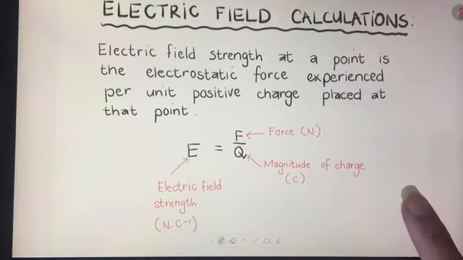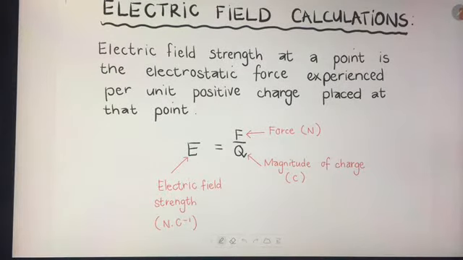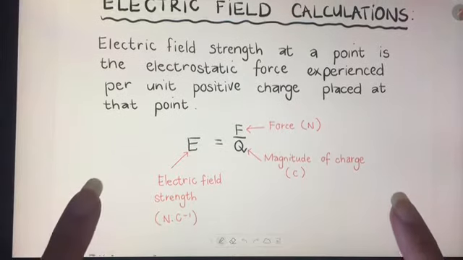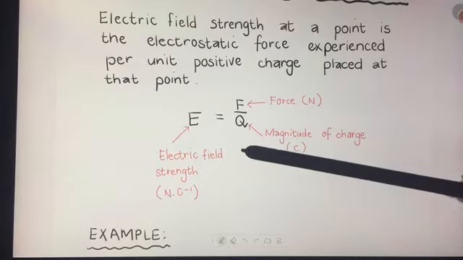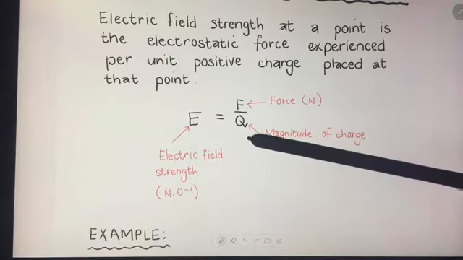According to our guidelines, the electric field strength at a point is the electrostatic force experienced per unit positive charge placed at that point. So that gives us our first formula to calculate the strength of the electric field.